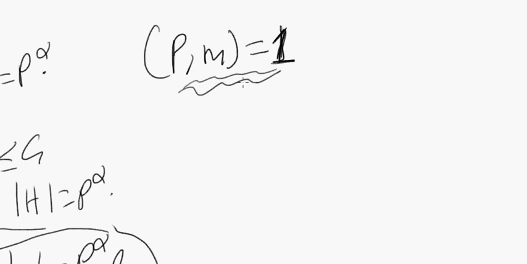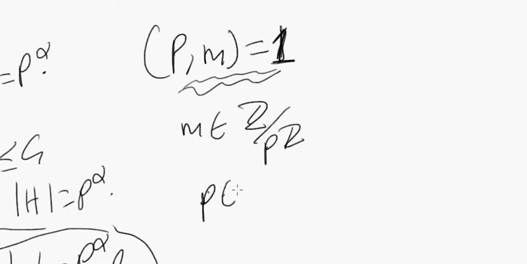We did the obvious before. We said m is an element of Z mod pZ star, and we said p was an element of Z mod mZ star.